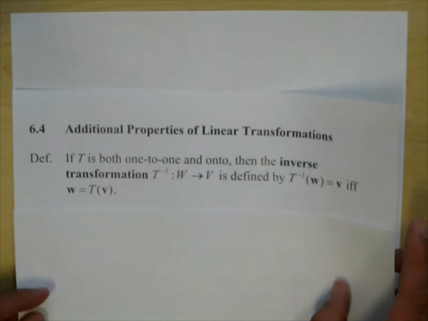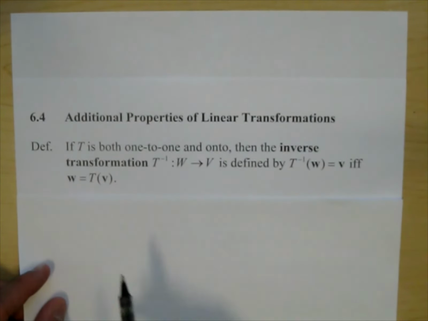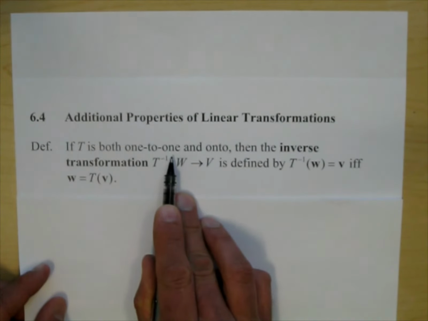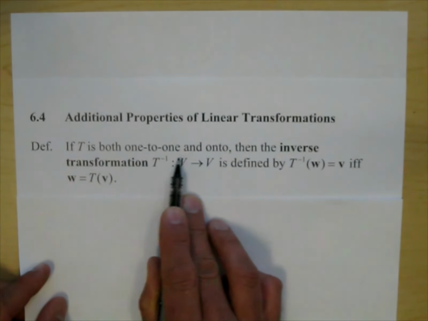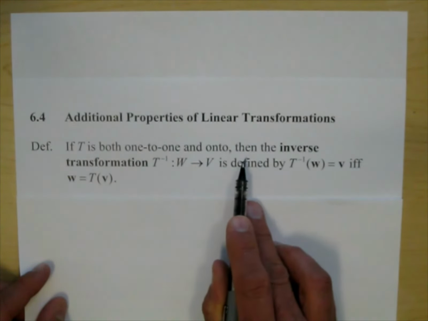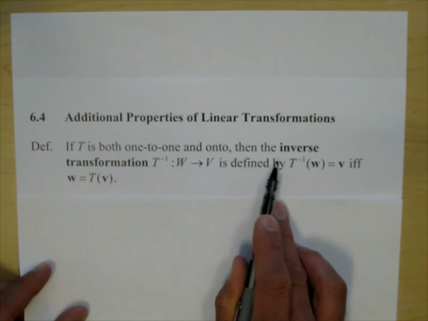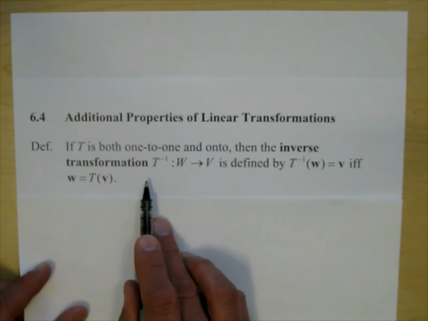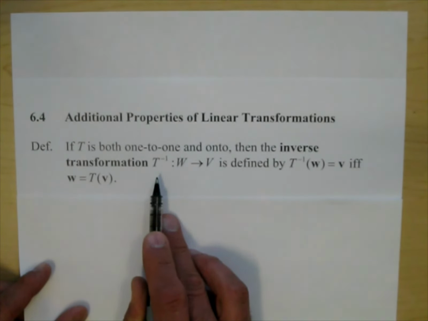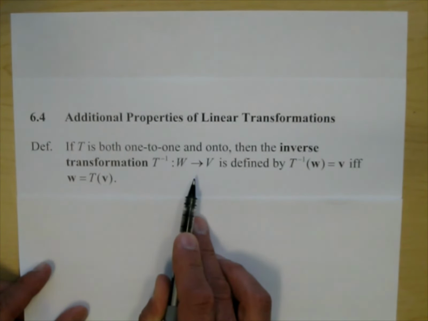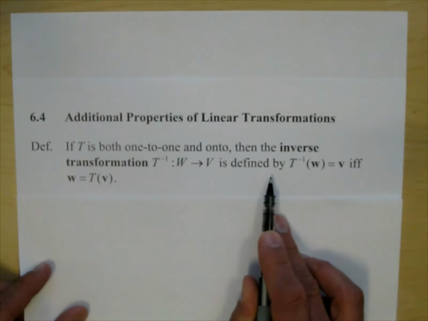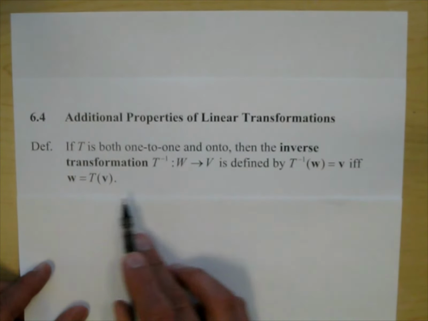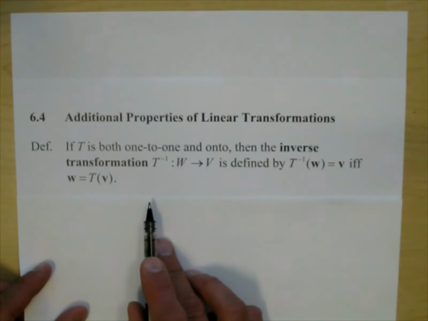Okay, definition. Here it is. I'm throwing you some definitions from the next section. It says, if T is both 1 to 1 and onto, so that's what we had in the last example, then the inverse transformation, so there's a transformation that you can take back the other way, is defined by T inverse of W equals V if and only if W equals T of V. So it just takes things back.